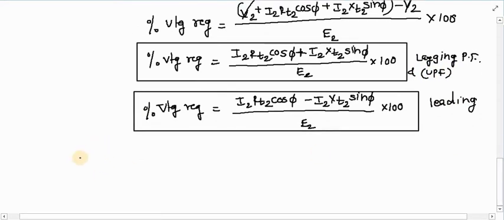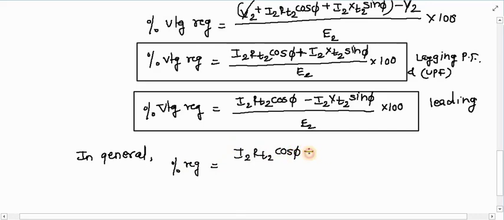So in general, we can write down the expression for voltage regulation as I2 RT2 cos of phi plus or minus I2 XT2 sin of phi divided by E2 into 100.